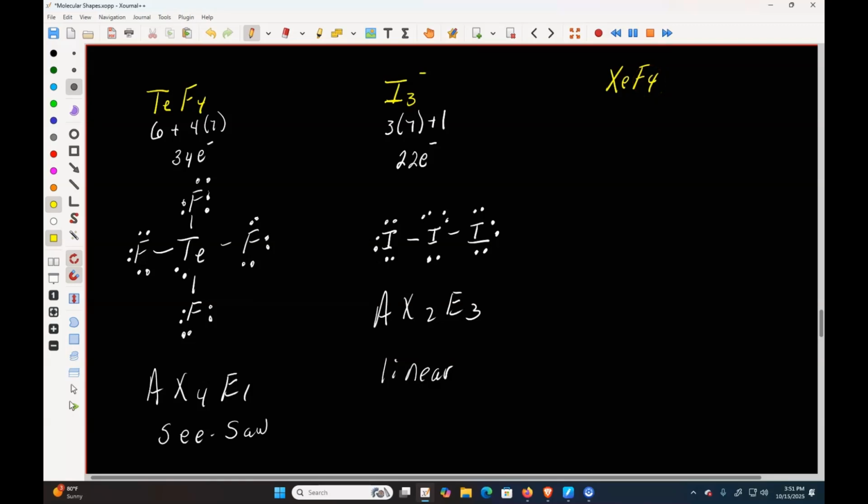Okay, so xenon will have 8 valence electrons, and fluorines are 7. So that should give me 36 electrons. So go ahead and populate my fluorines.